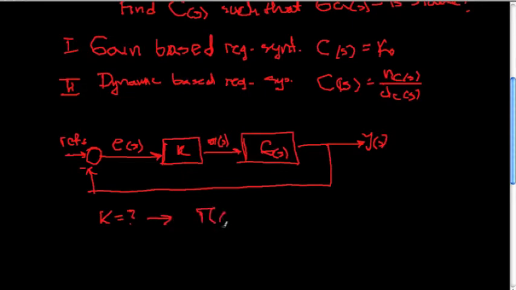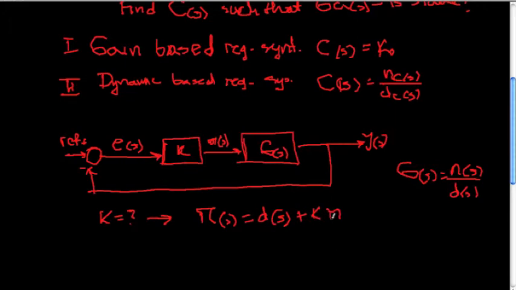closed loop polynomial P of s, which in this case of G of s being just n of s over d of s, is nothing but d of s plus k n of s. Okay, closed loop system characteristic polynomial. I want to circle that.